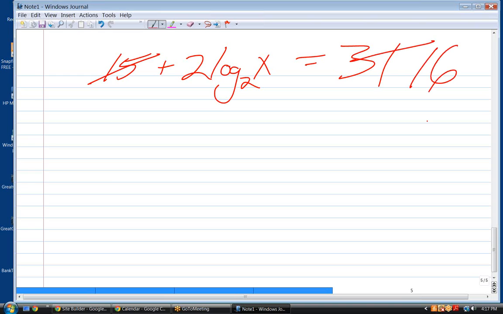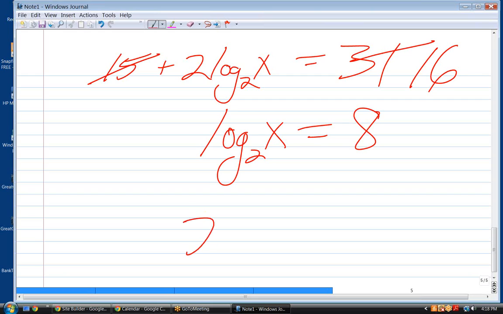And my next step? Divide each side by 2. And my last step? You want to have 2 to the 8th power equals x. Correct. And I think 2 to the 8th power, I believe, is 256.